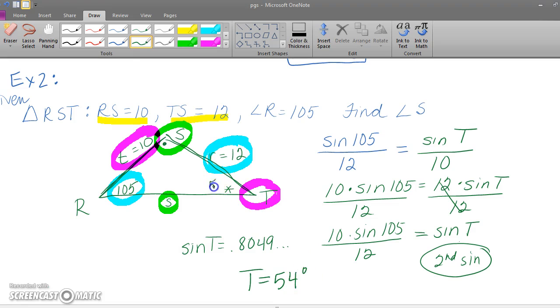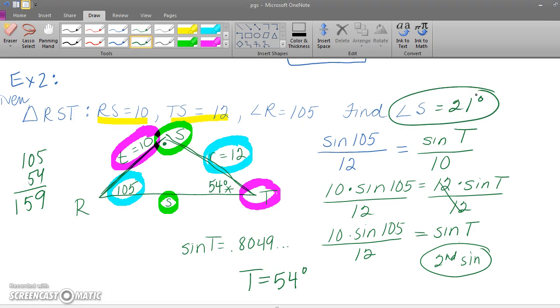If T is 54 degrees, and we're looking for S, then it must be what's left over. So 54 and 105 give us 159. If we take that from 180, we get 21 degrees for angle S. So we didn't really have to use S in the problem, but we were able to solve for it.